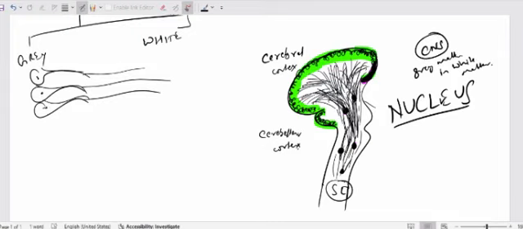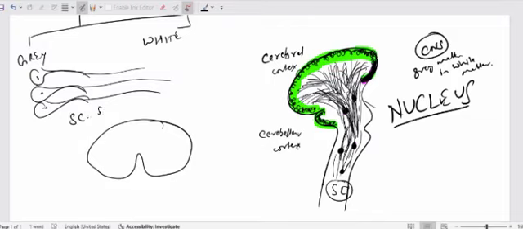Now, as you know, the white matter is present even in our spinal cord, correct? I'm just making the spinal cord sectional image. Okay, this is the anterior median fissure. All these things I will not label.